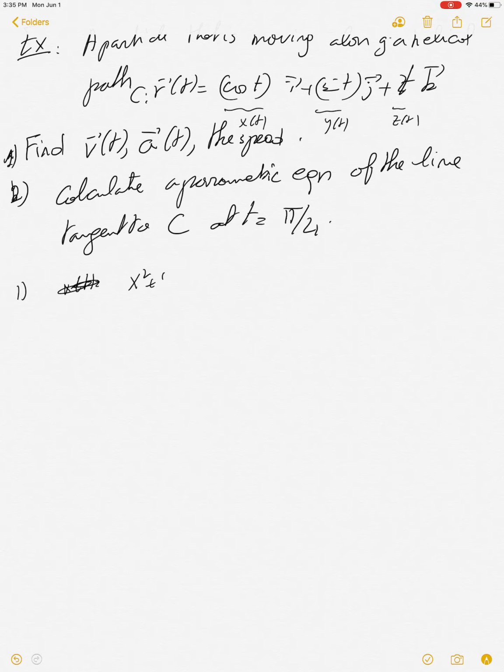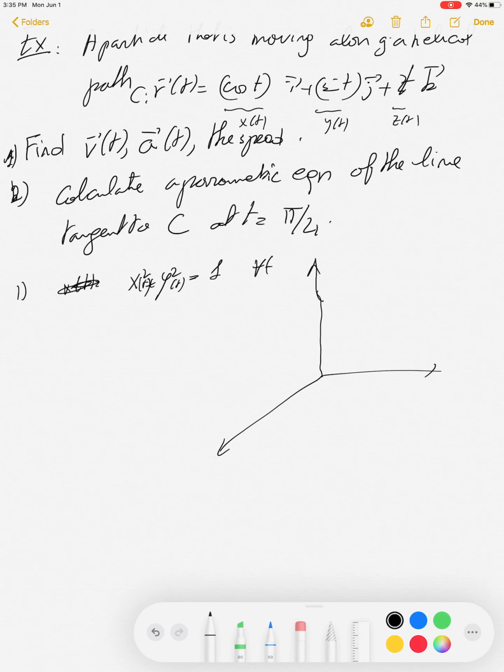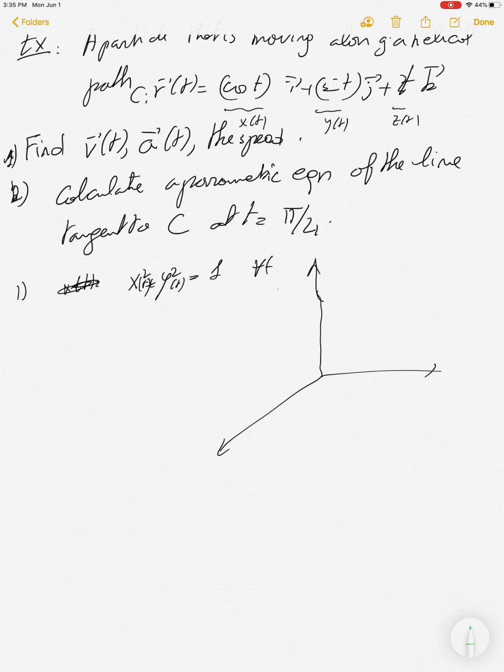Now, do you notice that x squared plus y squared is equal to 1 for all t? Correct? This means that my particle is moving along the cylinder. Well, let's do this in green. This is a cylinder, x squared plus y squared equal to 1.